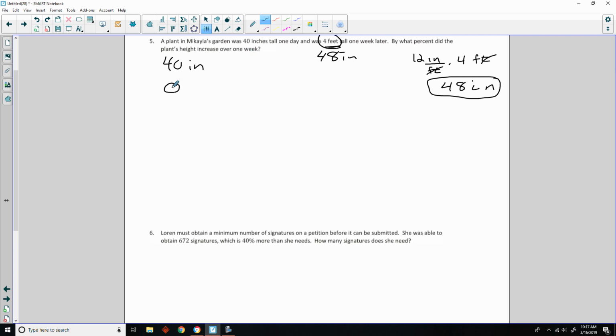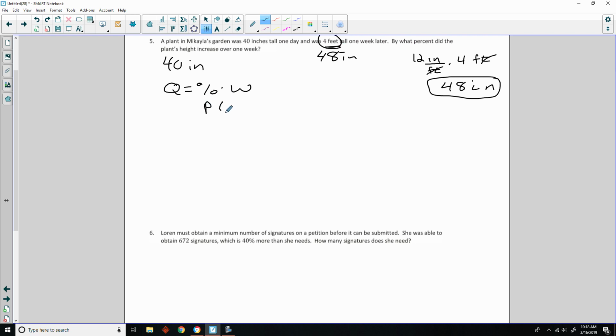So we want to use our quantity equals percent times the whole. 40 inches is the whole.